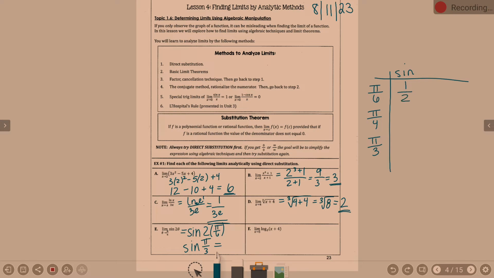The one I don't have filled out is 1/2. That means these other two are, while we're here, what are these two? Those are things we need to just be able to figure out.